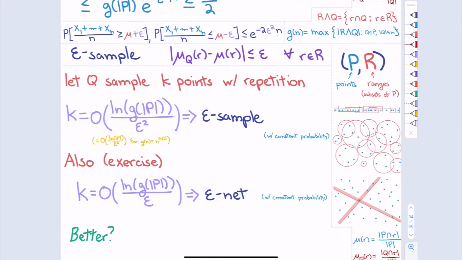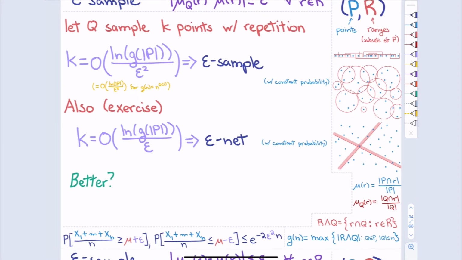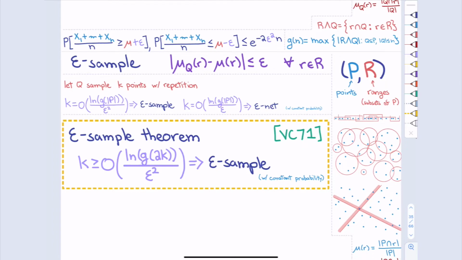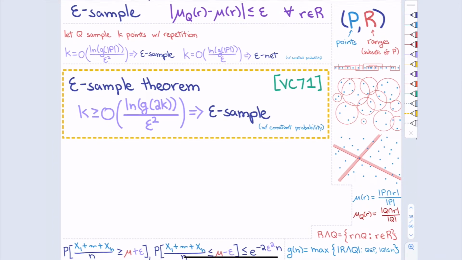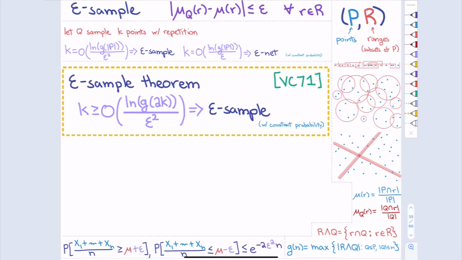All right. Okay, so this is the cool part. So here then is what's called the theorem for epsilon samples. We'll have one for epsilon nets after that.